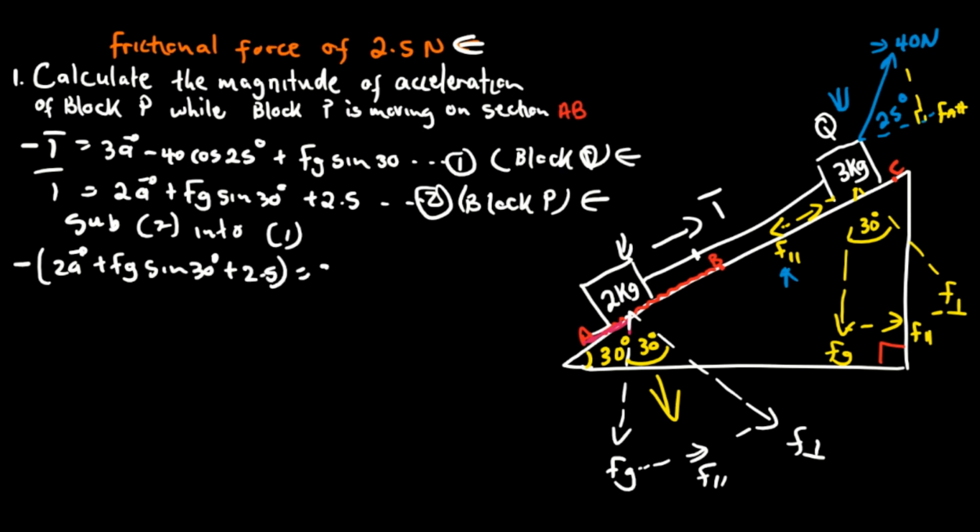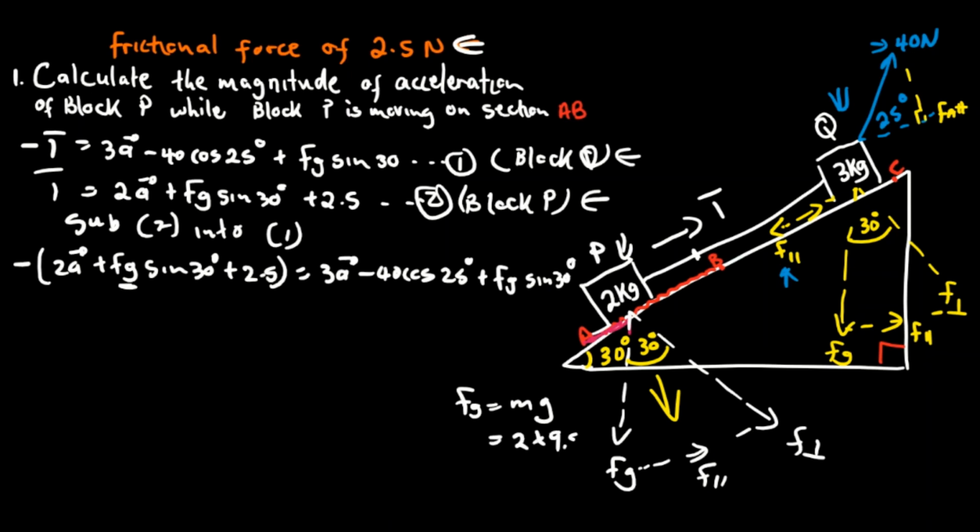It equals 3a minus 40 cos of 25 degrees plus F_g sine of 30 degrees. Now remember that F_g is equal to mass times the gravitational acceleration. But now this is for the 2 kilograms, for block P, so it's going to be 2 multiplied by 9.8.